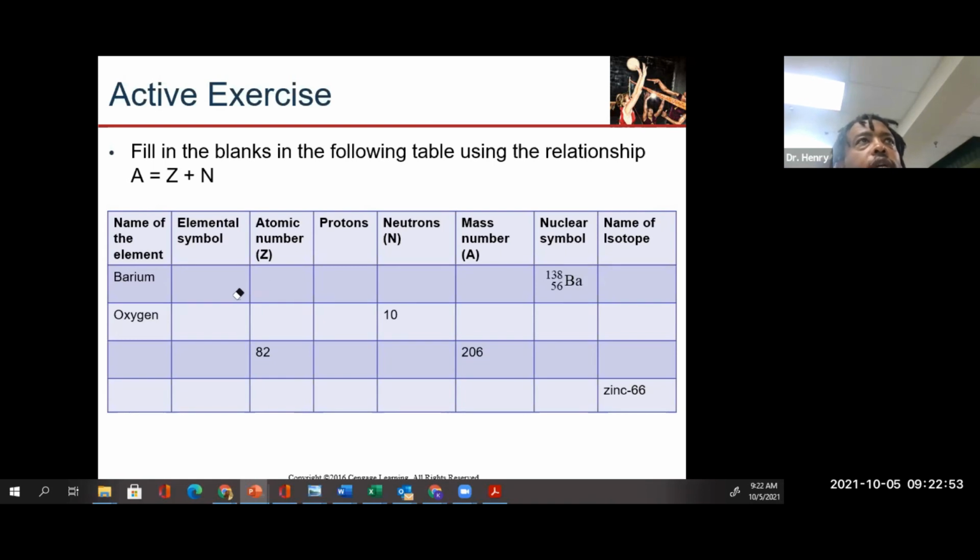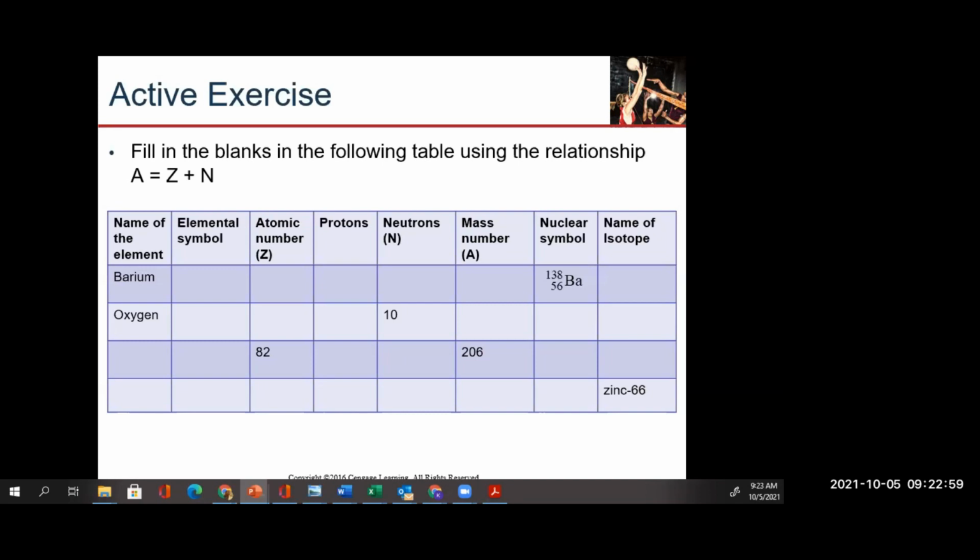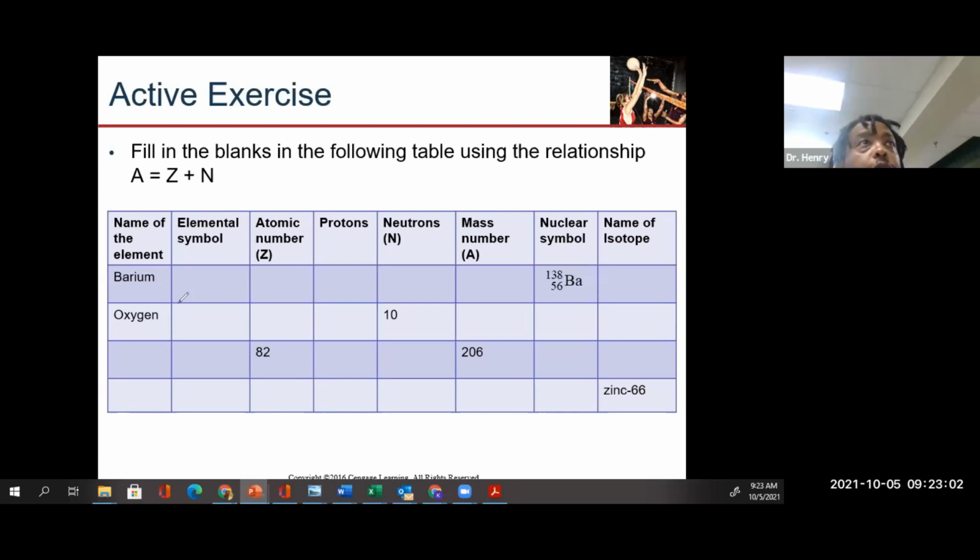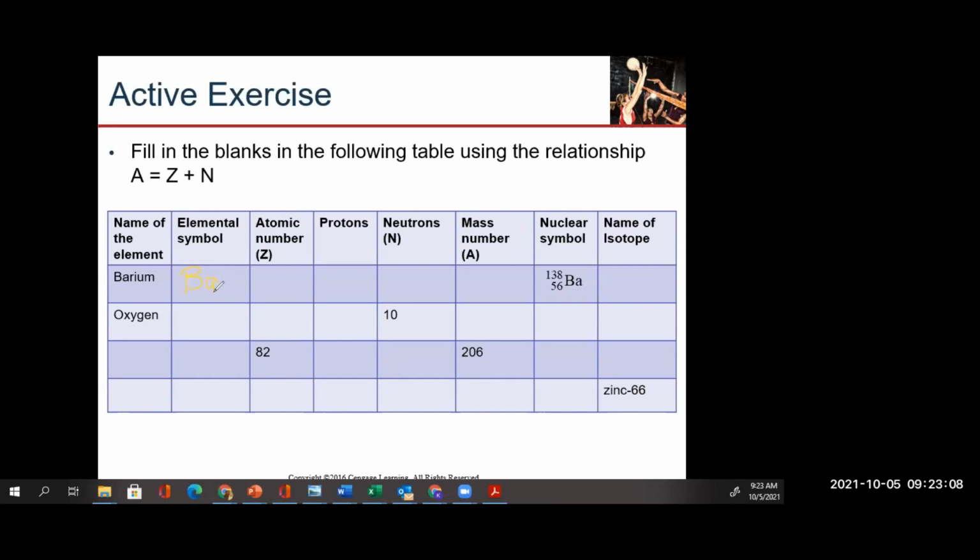So, what is the element symbol for barium? Capital B, lowercase a. Can you guys see that? Or should I choose a different color? That's better.